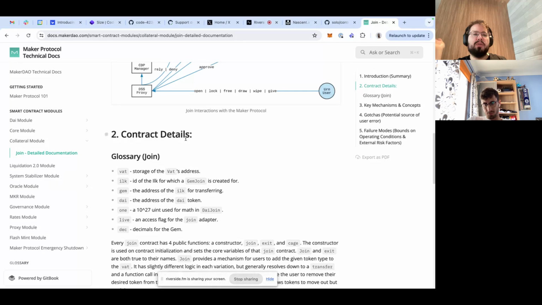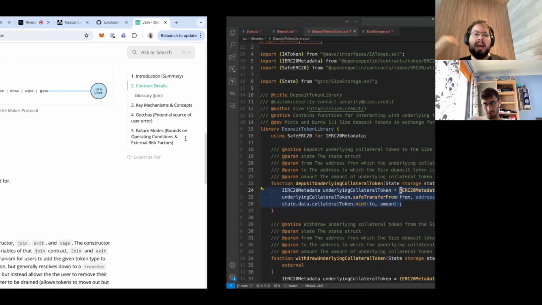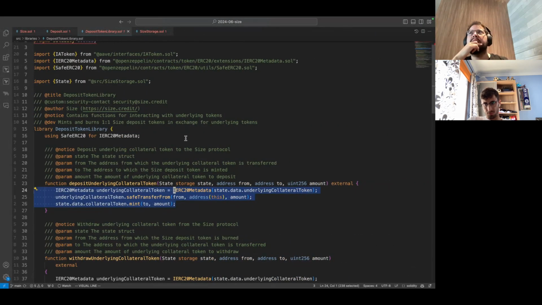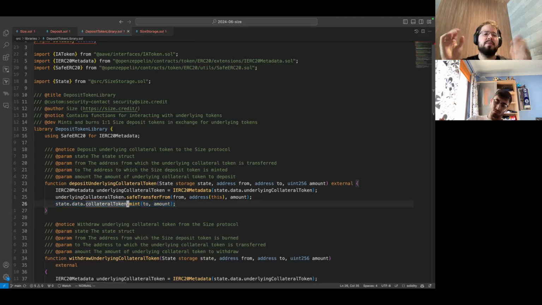Like many other protocols don't do it this way, but I think it's better because it makes for a better separation of concerns. So what I'm trying to say is, whenever you deposit Ether to Size, we mint you a non-transferable version of Ether, which is called size Ether.